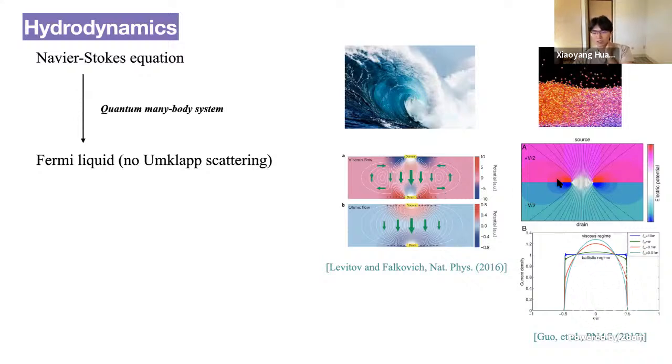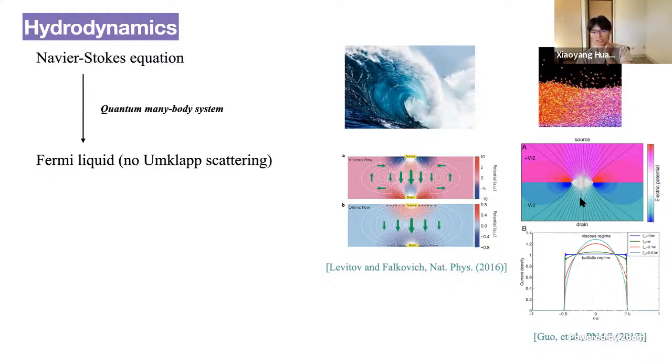And another setup using a very similar idea of spatially resolved transport is not to make a channel, but to make a constriction with an opening at the center. So if you inject a current through this device, the current can only come through the center. But in the hydrodynamic region, the conductivity of your current will be suppressed at large momentum.